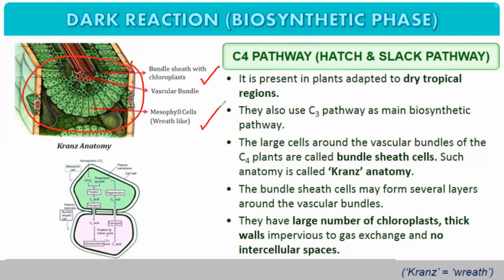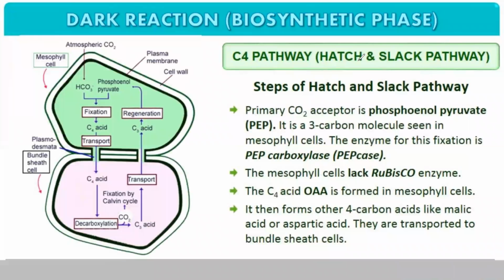They have a large number of chloroplasts, are thick walled, and are impervious to gas exchange, without any kind of intercellular space. The steps of the Hatch-Slack pathway are given below. The primary carbon dioxide acceptor is phosphoenol pyruvic acid, that is phosphoenolpyruvate.